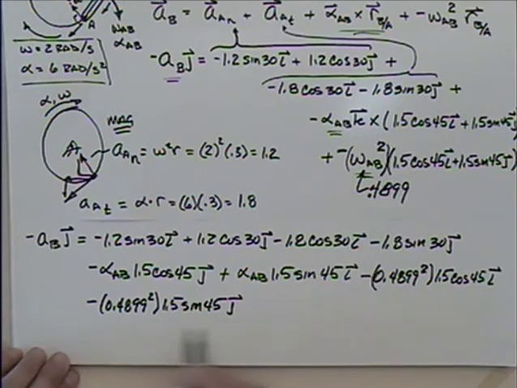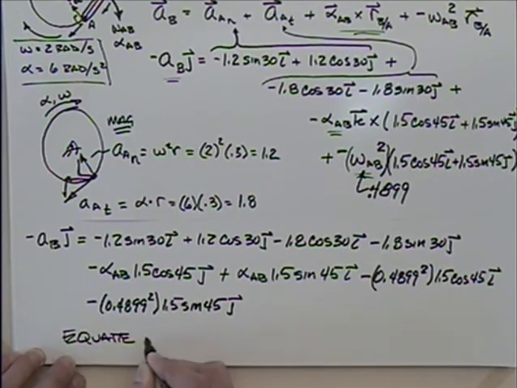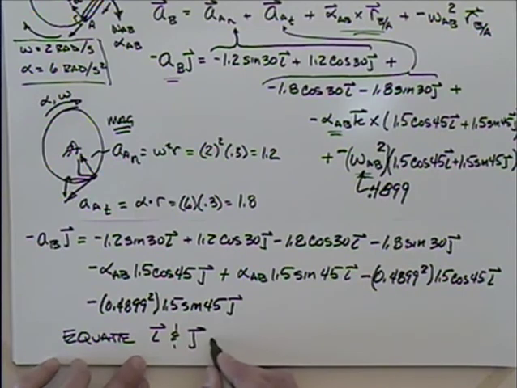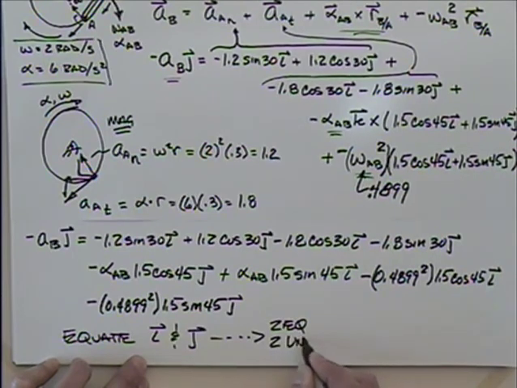So once you have those, then you would equate the I's and J's. So you'd have two equations and two unknowns.